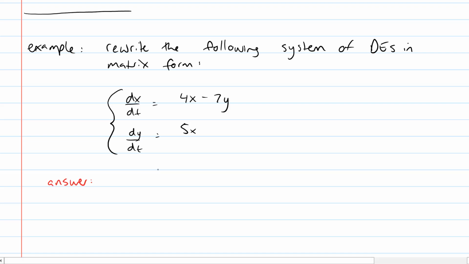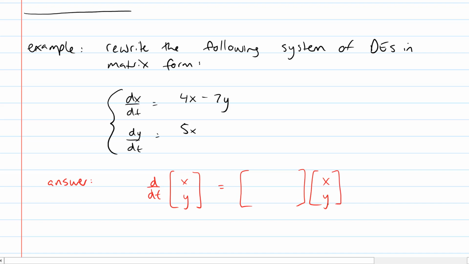If you take a look at dx dt and dy dt, if you think of the derivative with respect to time as an operator, that's just operating on the vector xy, and that's going to be equal to some vector times xy.